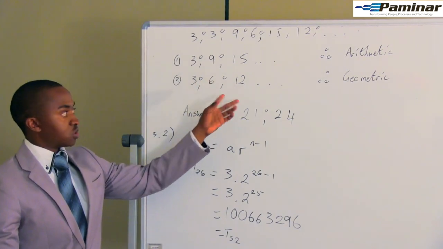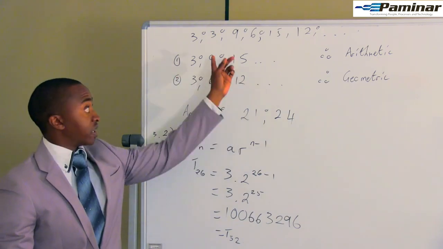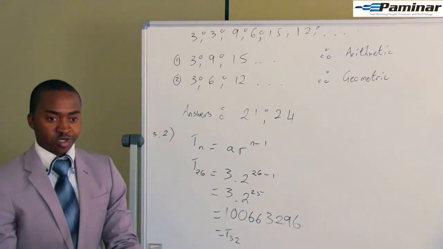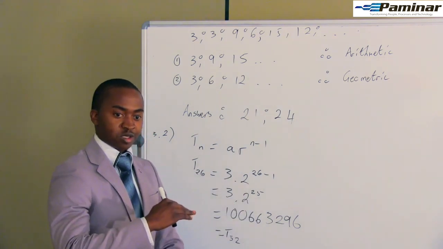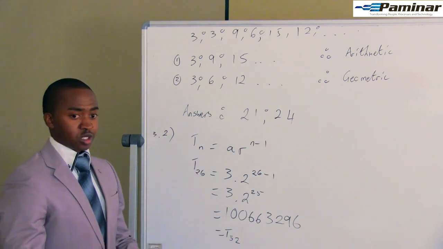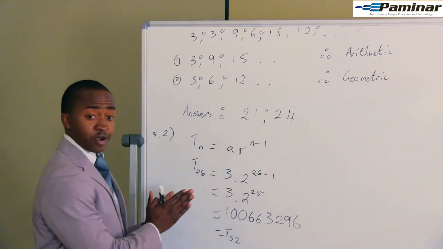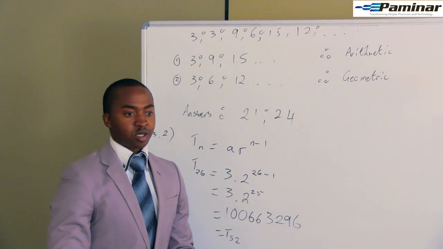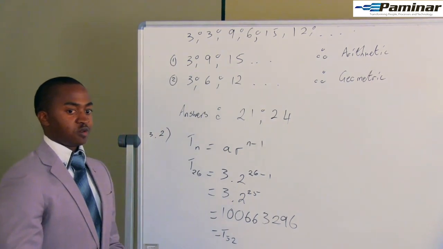We split the two evenly. The one had 3, the other had 3, but initially there were 6. So now we're dealing with 52 terms. Once again, we need to separate between arithmetic and geometric. So you halve the 52, and that's where we get the 26. So we calculate the first 26 terms of the arithmetic part, then the 26 terms of the geometric part. That's the knowledge we use to solve the question.